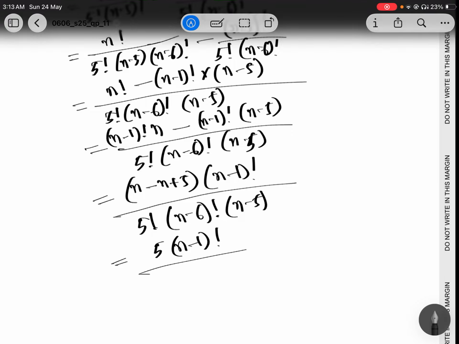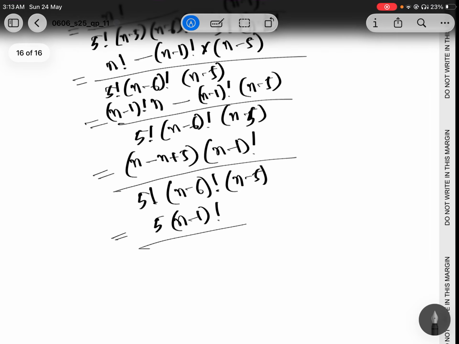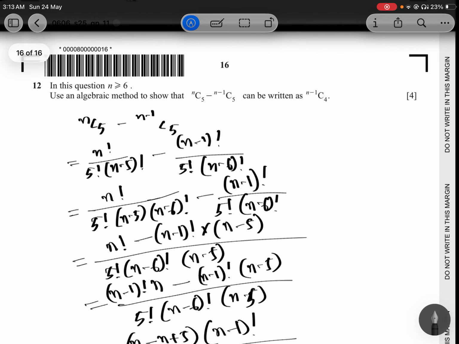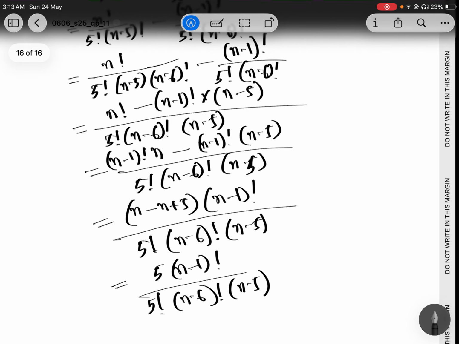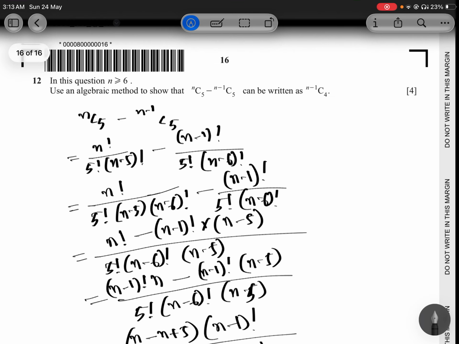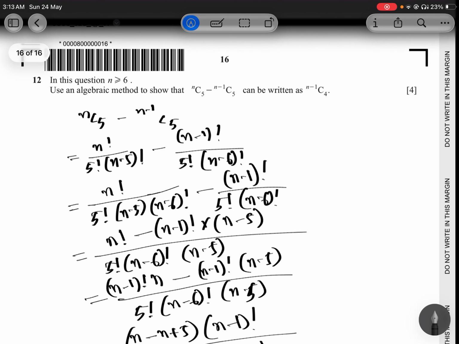On the bottom we can write 5 factorial, n minus 6 factorial, n minus 5. Most probably we get there, n minus 1, right? n minus 1 C4.